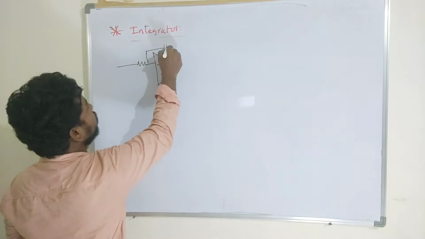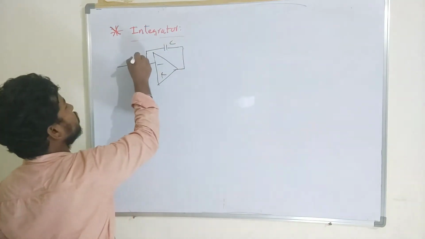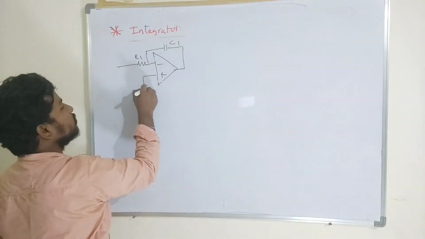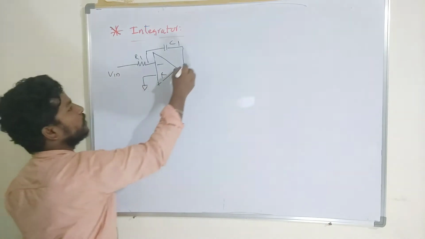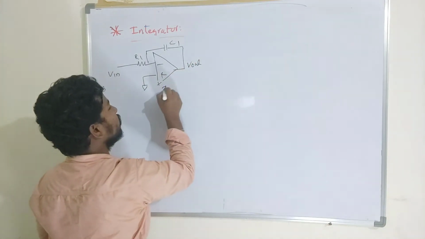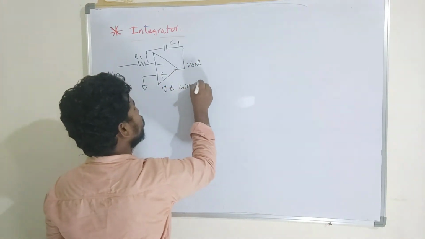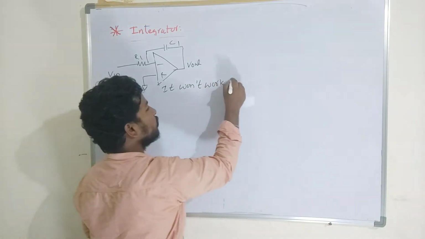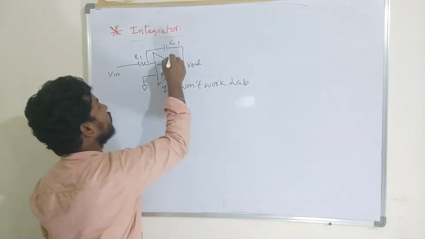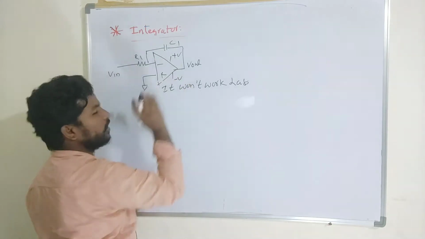Whatever the circuit, this integrator circuit with the capacitor and the resistor, whatever the input is, it won't work in the lab if I connect this operational amplifier with a positive and negative power supply.